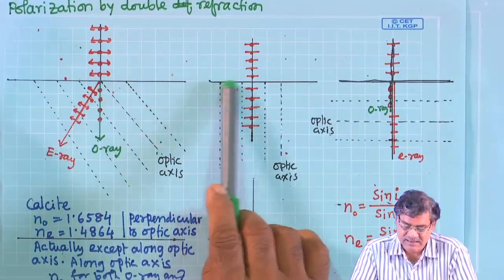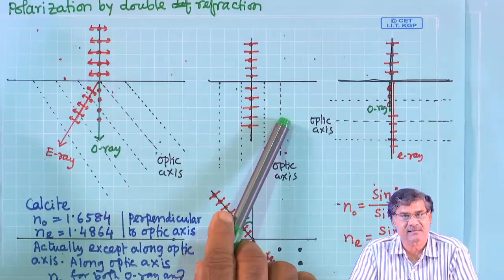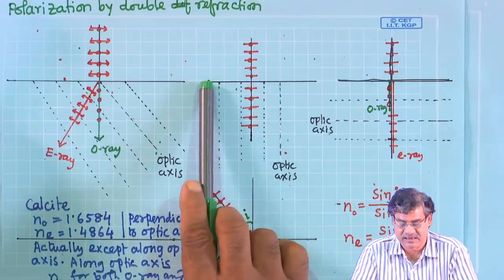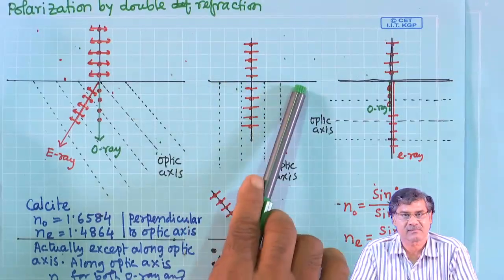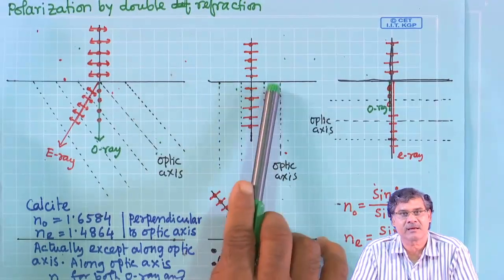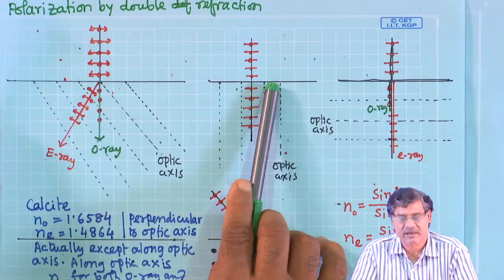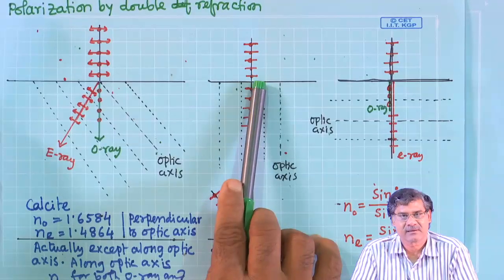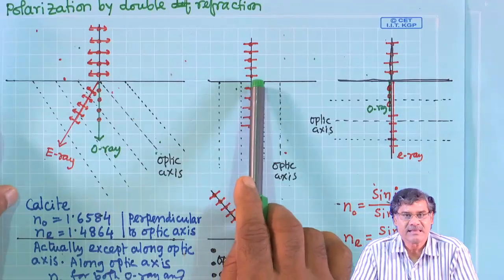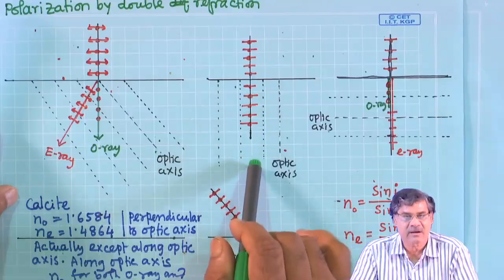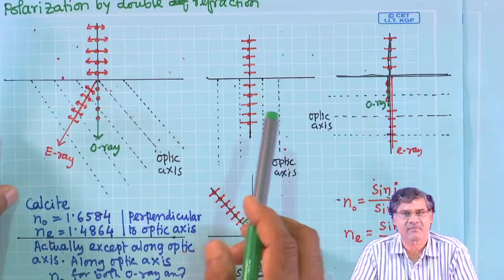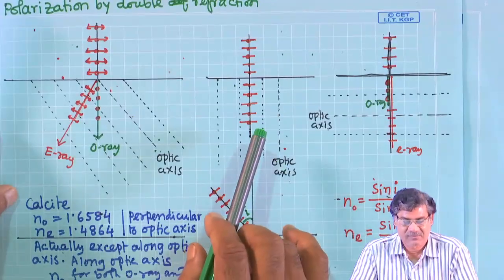If the calcite crystal is cut like this, this is the optics axis, which is perpendicular to the surface of the crystal, and now unpolarized light is falling perpendicularly on the surface. So, now the incident angle is 0. What will happen? In this case, we will see only one refracted ray at 0 angle; the angle of refraction is 0.